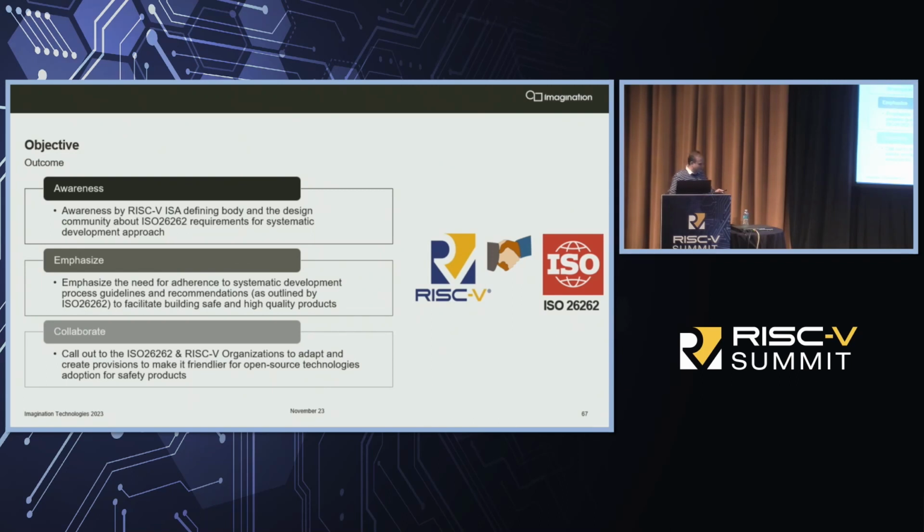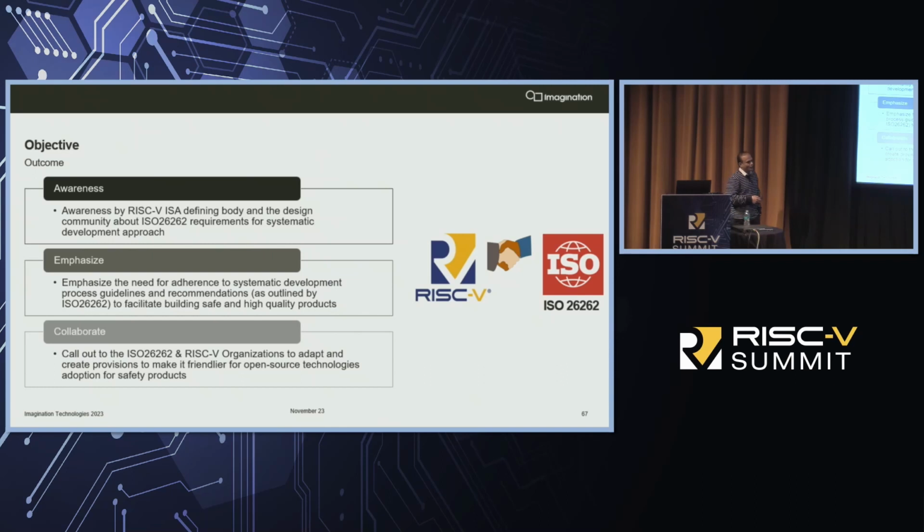This talk is meant to create awareness about the safety processes, the ISO processes, in the RISC-V community, and to emphasize why it is important to follow the ISO 26262 process in any applications or products that we build towards safety or automotive.